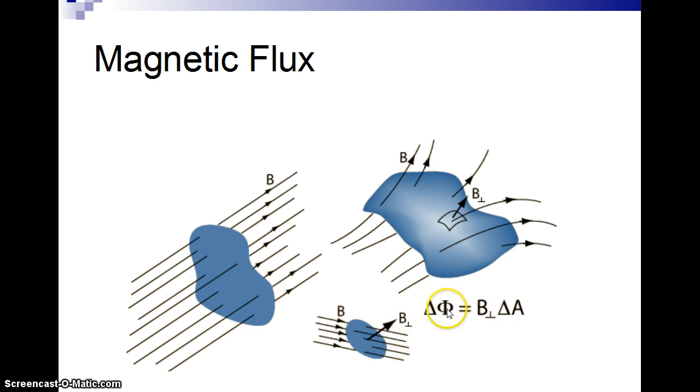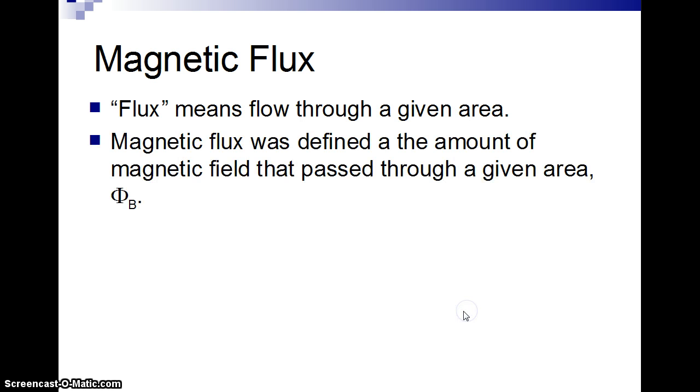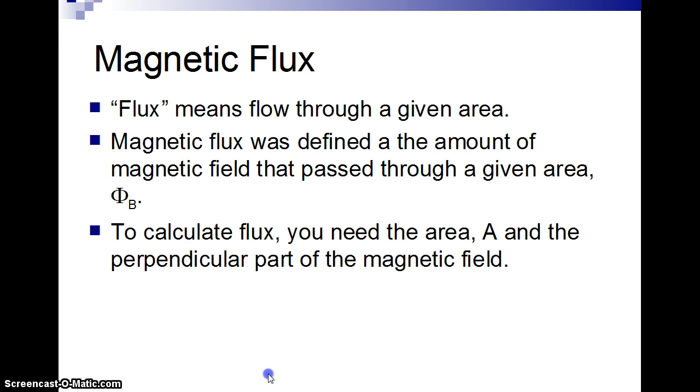So it's how much of the flow actually goes through that area. And usually you can have electric flux or magnetic flux or any kind of flow through an area. So we'll use the magnetic flux, and it'll be a cosine theta, and we'll talk a little bit about where that cosine comes from. Usually we're going to ignore it.